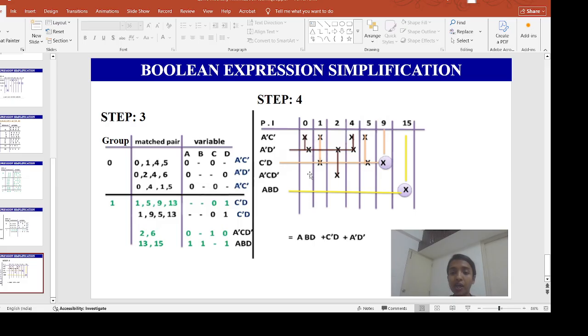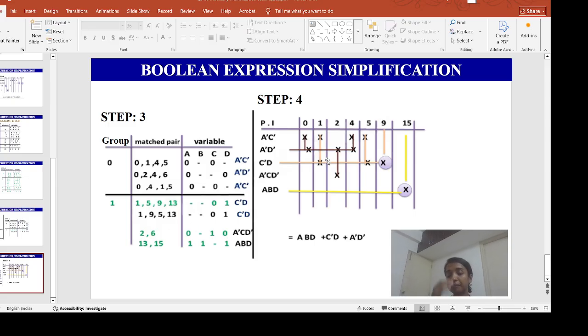Same process, we have to put the cross. We have to put the cross for 0, 1, 4, 5, 2, 0, 2, 4, 6, 0, 4, 1, 5. Do you remember how did we put the cross previously?